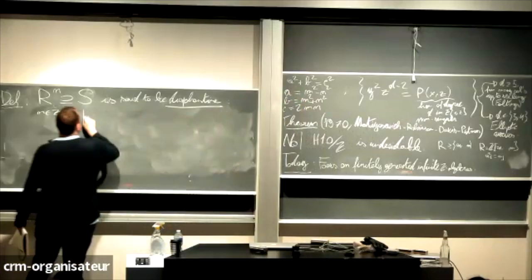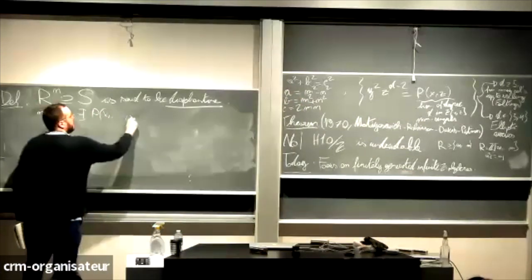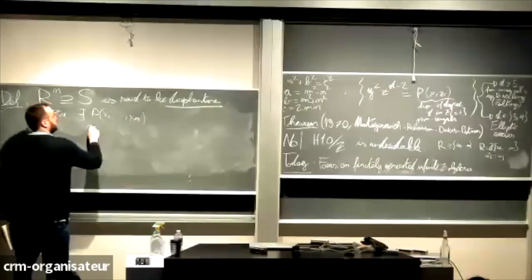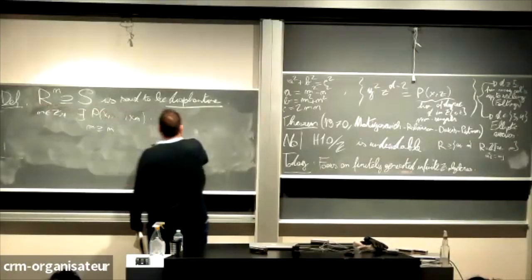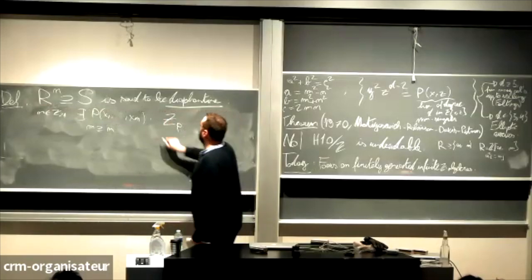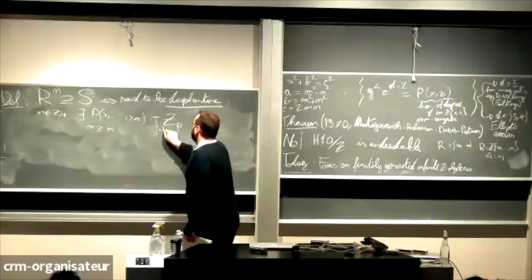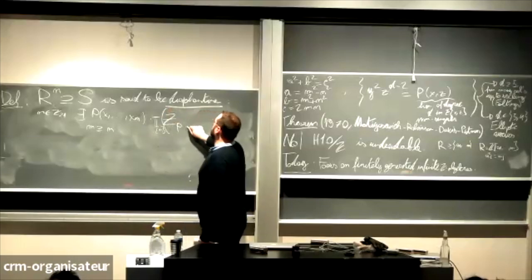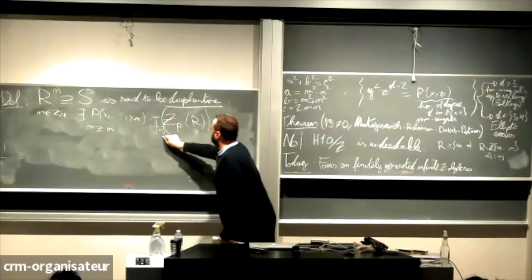So formally, if there exists a polynomial in m variables, where m is at least n, such that if you take the zero set of the polynomial and project it on the first n coordinates, you get S.